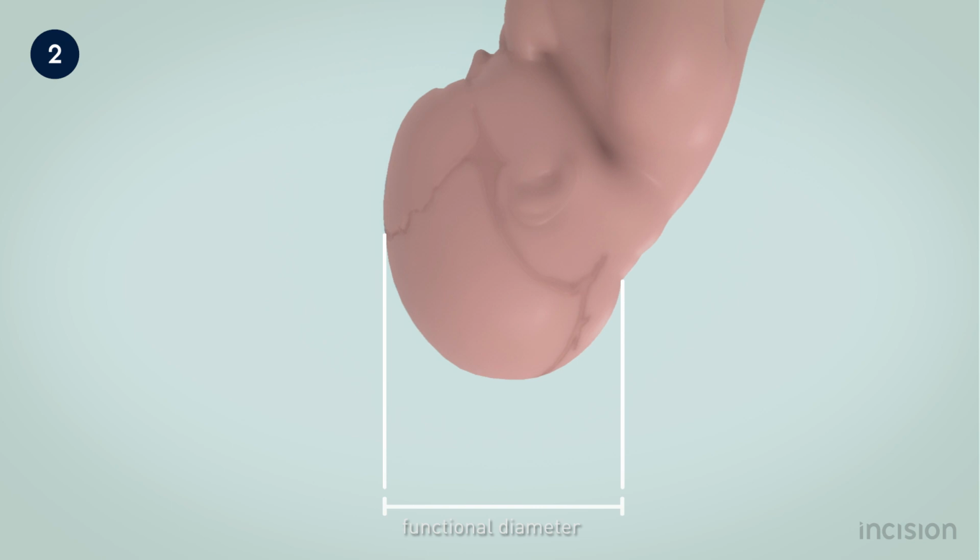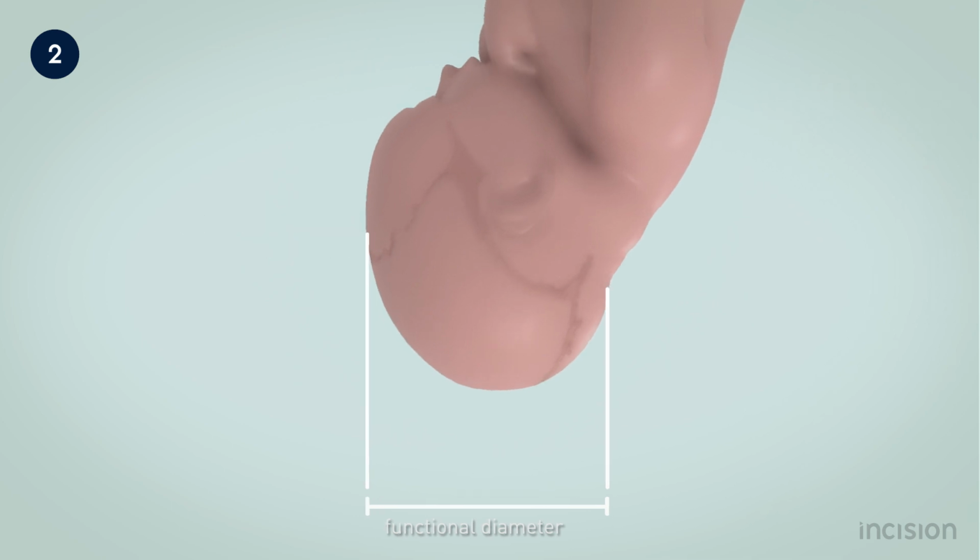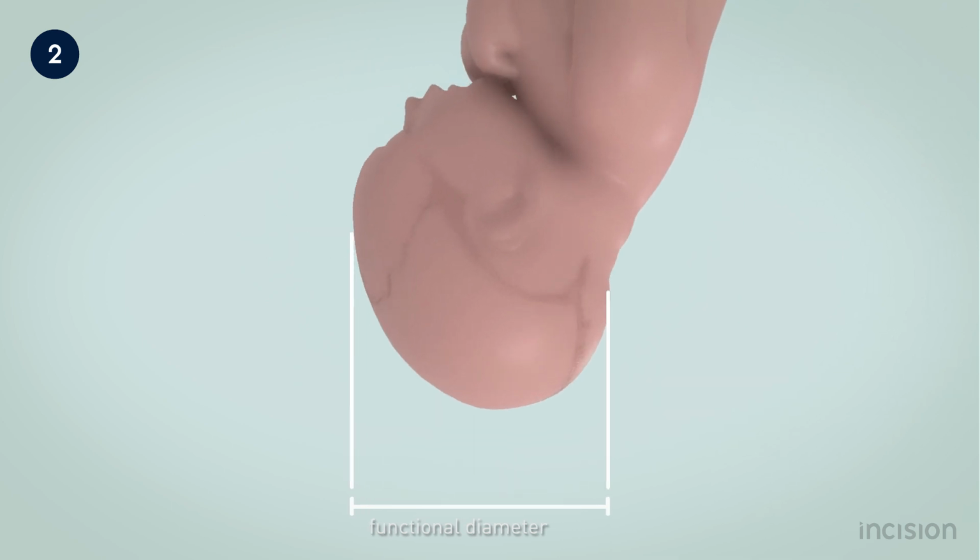In an occiput presentation with maximum flexion, the presenting diameter of the fetal head will be suboccipitobregmatic, 9.5 to 10 centimeters, with a circumference of 32 to 33 centimeters. In a vertex presentation, the presenting diameter will be suboccipitofrontalis, 10 centimeters, with a circumference of 34 centimeters.